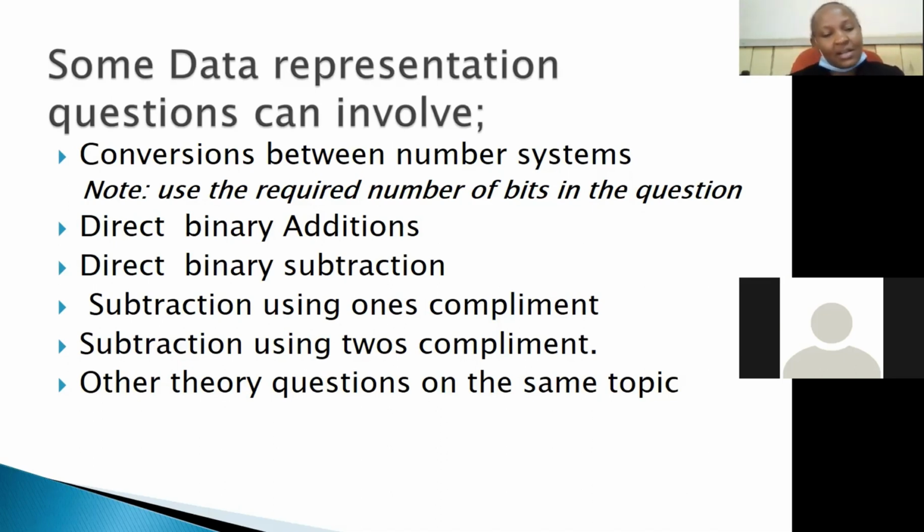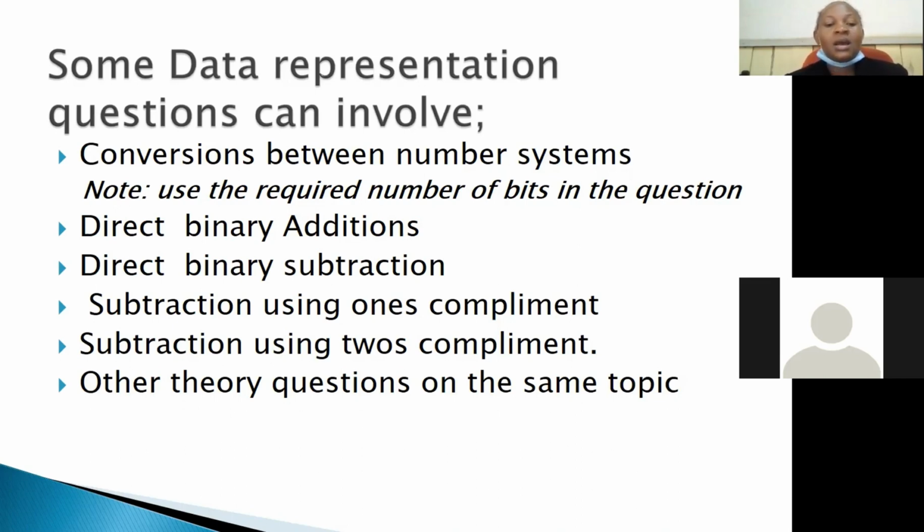If there's an overflow, you add the overflow back to the answer. If there is no overflow, then definitely the answer is a negative number. So don't start asking why this one is not having an overflow. It's a negative number.